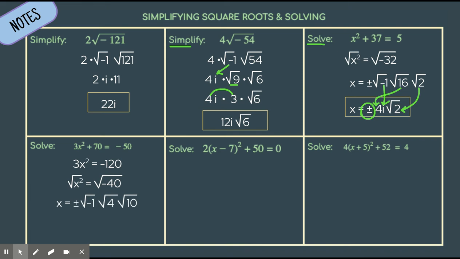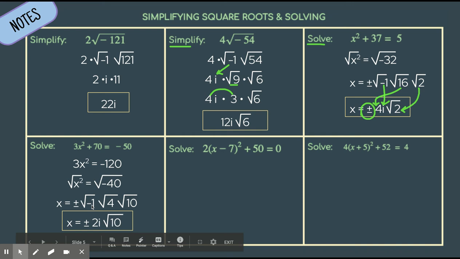In this case, that would be 4 times 10. And what's going to happen is I'm going to actually do the square root of 4, which is 2. This becomes an i, and the square root of 10 stays. And I have this plus or minus because it can be positive 2i square roots of 10 or negative 2i square roots of 10.